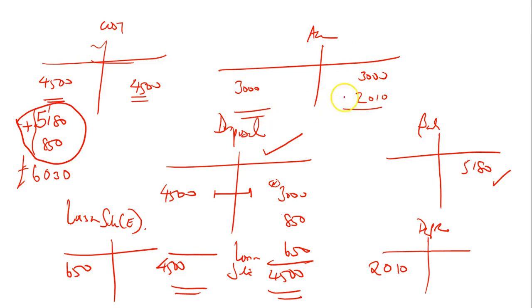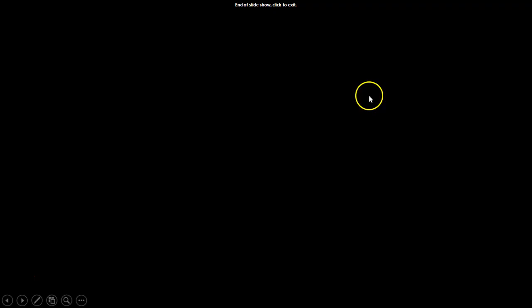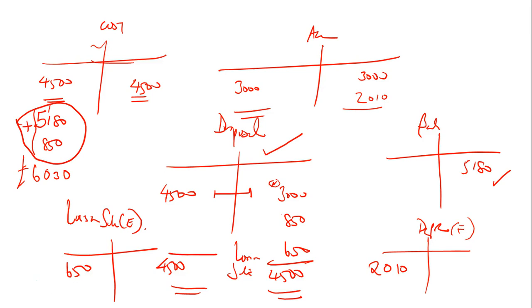And that's your double entry, isn't it? Depreciation expense and accumulated depreciation. And then this gets carried down 2,010, and brought down 2,010.